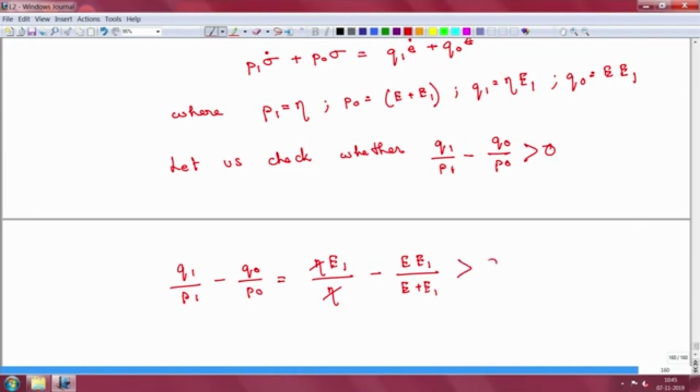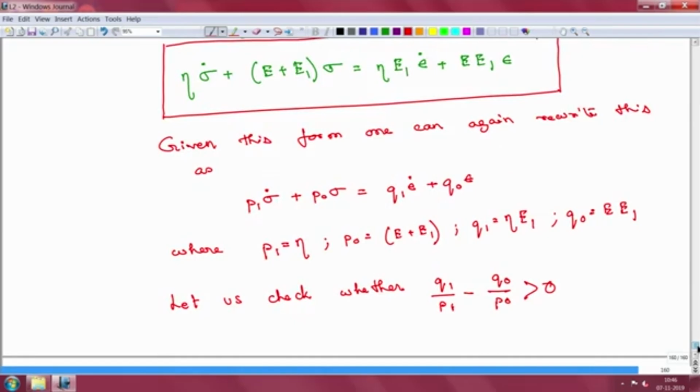So, this quantity is greater than 0. So, in a sense we are saved, we do not have to worry. Our functional form is such that the physically realistic angle is retained. So, this particular system has the solution, and the same solutions that you have seen before can be applied in this case.